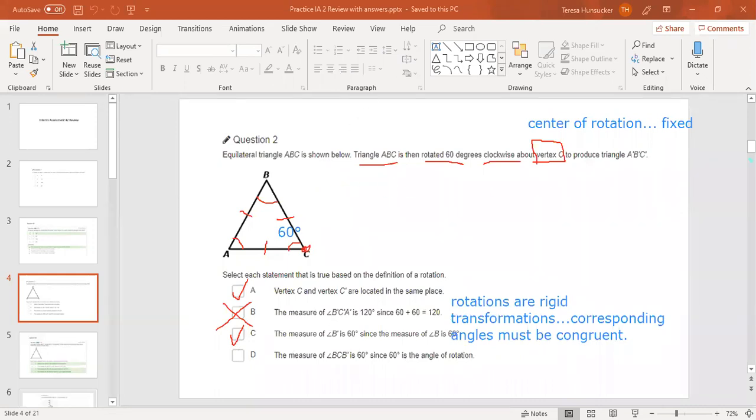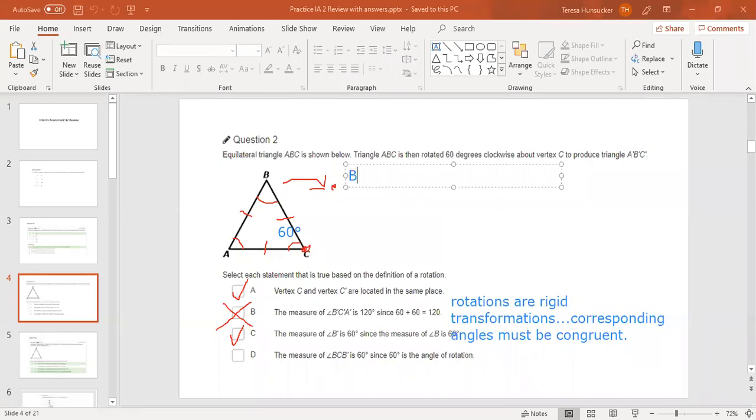So let's take a look at that for a minute. So the directions do say that B is being rotated 60 degrees clockwise. So let's say that B prime is located somewhere right here. Okay.